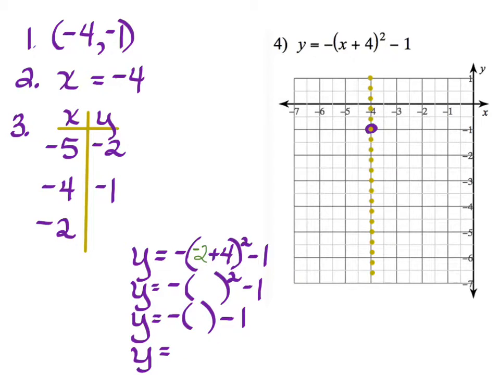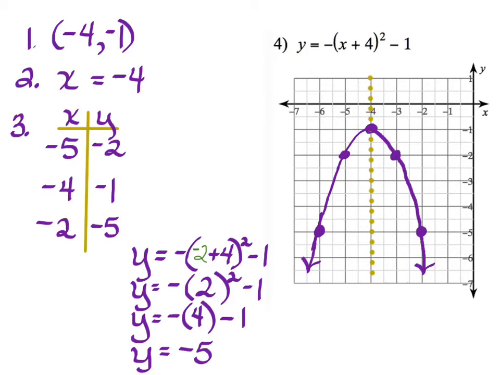Okay, remove again, plug in a -2 in place of x. Order of operations. Take the square, negate it, you get -5. Okay, plot the first point and its reflection point, the second point and its reflection point, and you're done. Okay, so that concludes this lesson on how to graph parabolas, and we'll see you in class.